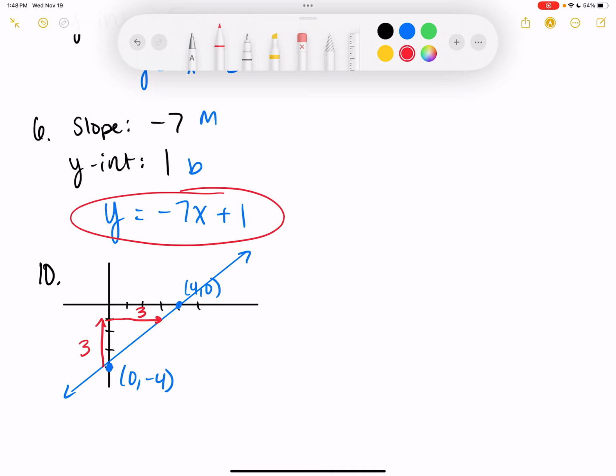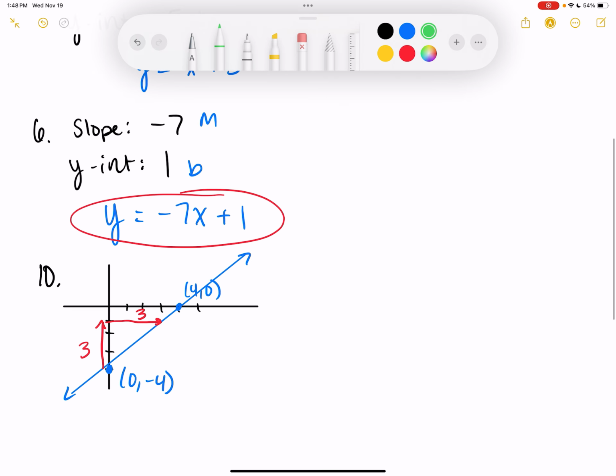Now, they draw this on here for you. This was all given information, and you're writing the equation of the line. Okay. I know that my intercept has to be -4, because that's what's on the y-axis. So I know that b is equal to -4.